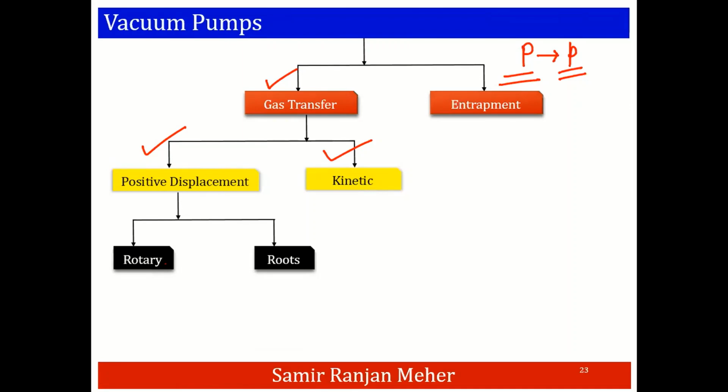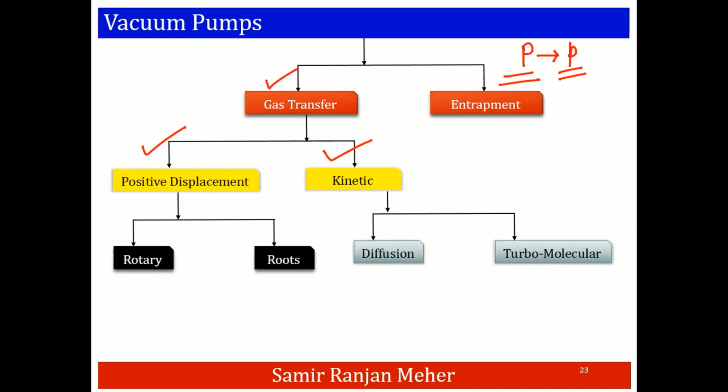Examples for this are the rotary pump and the Roots pump. Whereas when you are in the molecular regime, mechanically transferring the molecules from the chamber to the atmosphere is not possible. For that, we have to take the help of the momentum transfer pump. Examples here are the diffusion pump and the turbomolecular pump.